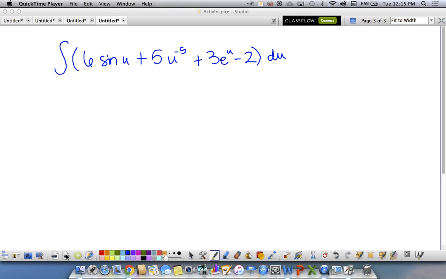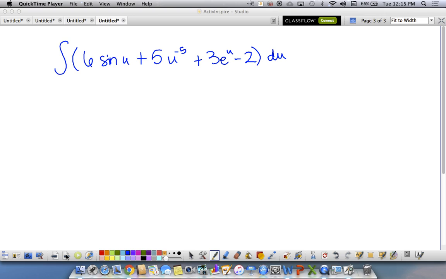Let's do another one. Integral of, now remember my parentheses this time, 6 sine u plus 5u to the negative 5th plus 3 e to the u minus 2 du. Sometimes they use different letters. You see that? It's not alarming. It's any variable that you have. Okay? Now we're going to break it up.